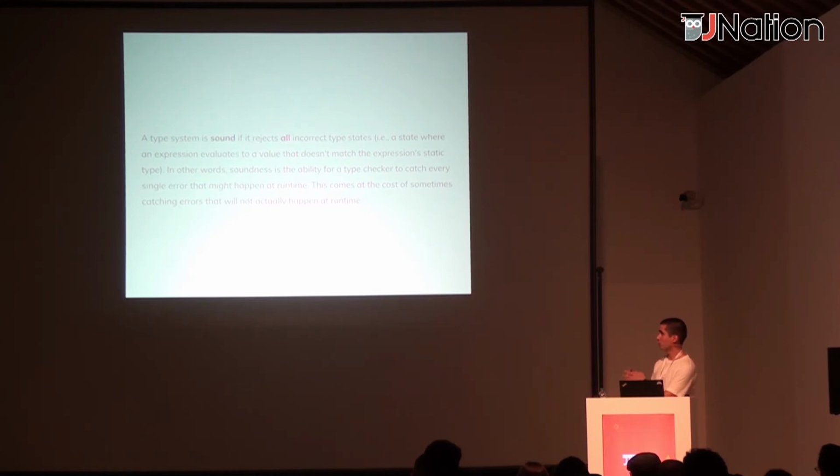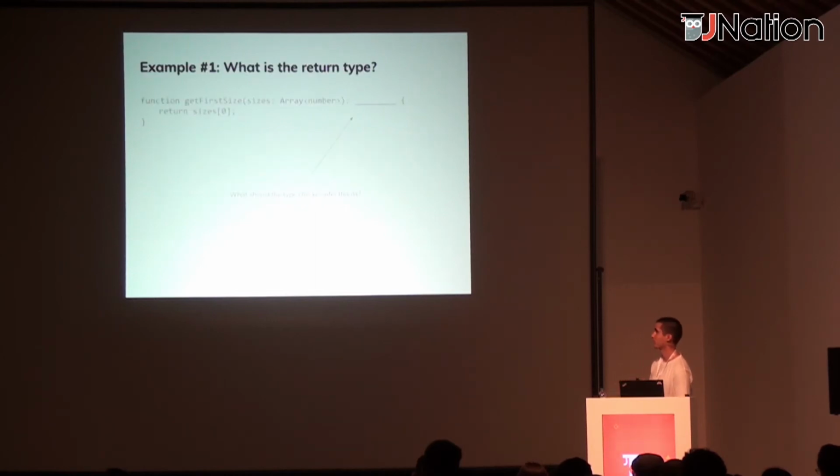So normally, one would say that Java or C++ or C# have sound type systems, but that's not necessarily true. For instance, Java is not 100% sound. I believe only Haskell and OCaml are actually truly sound, because it's really hard to have a type system that enforces all types to be correct at runtime.